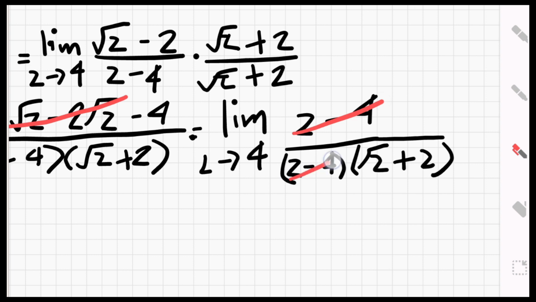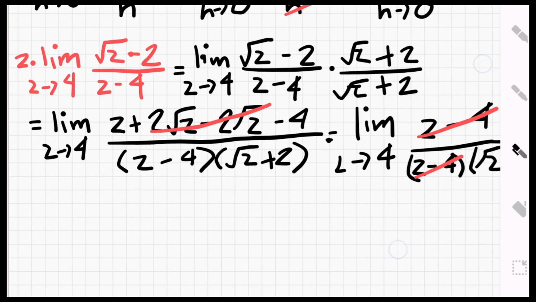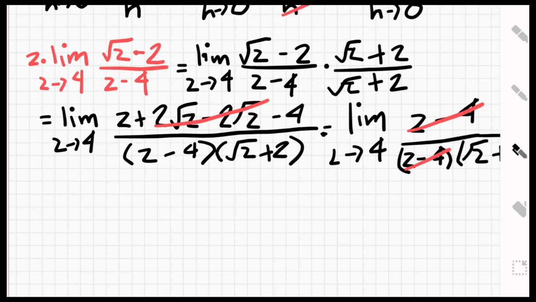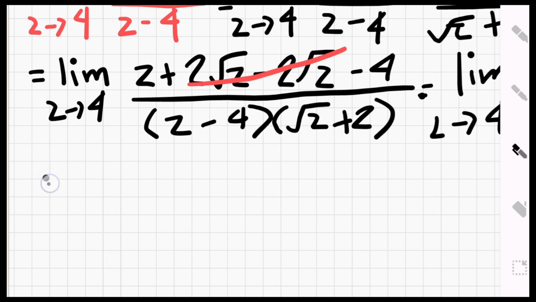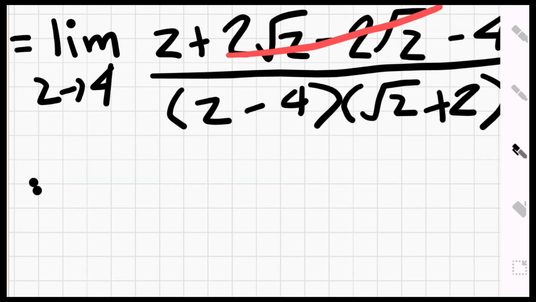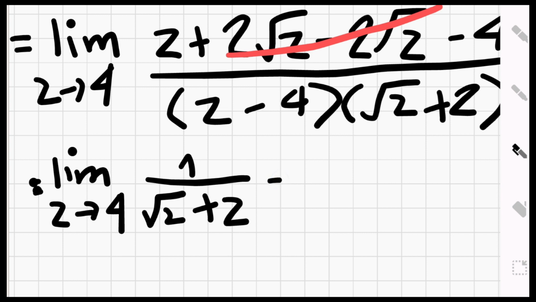Since z minus 4 in the numerator and denominator is the same, we'll have to cancel that out. And now we are left with the limit as z approaches 4 of the expression 1 over square root of z plus 2.